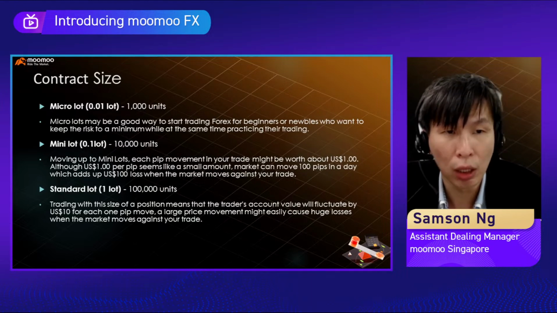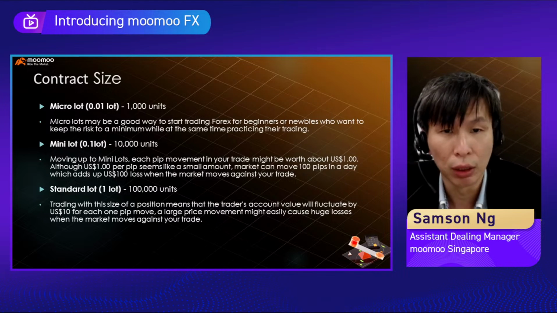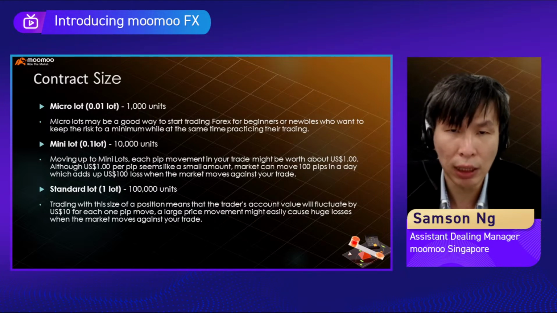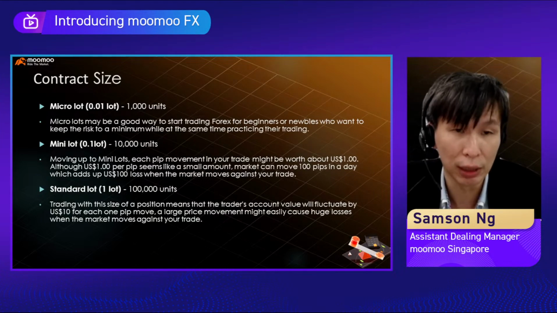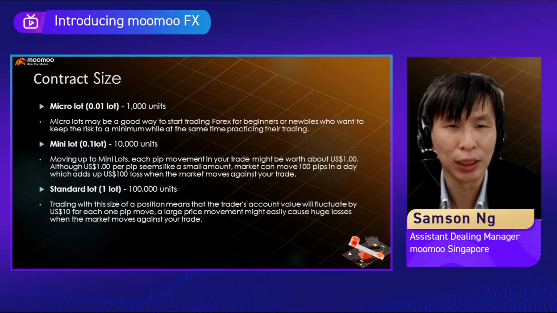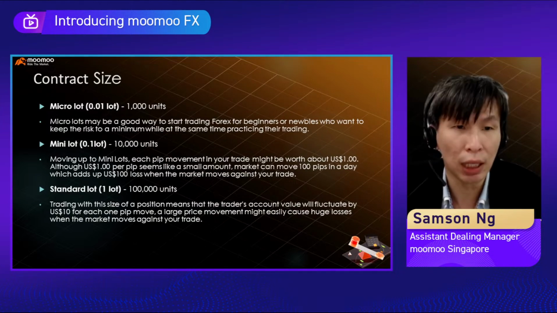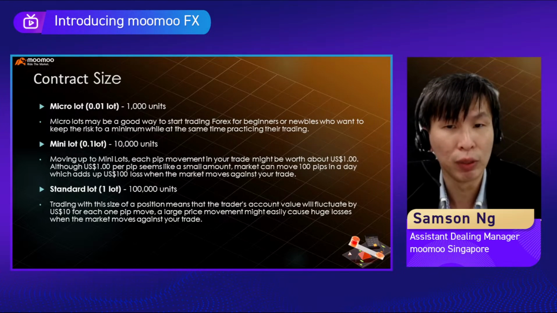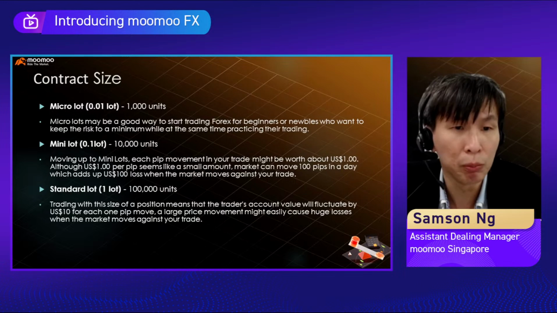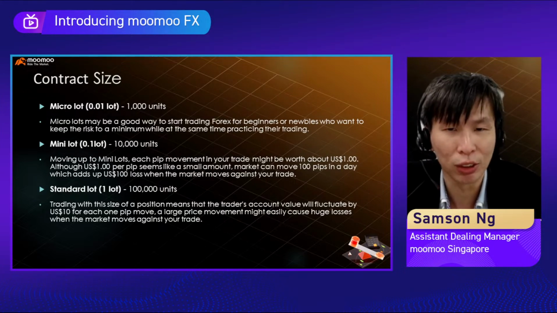That's 0.1 lot, equivalent to 10,000 unit or $10,000 value. Lastly, the standard lot size for FX trading is 1 lot, which is equivalent to 100,000 unit and $100,000 value. Trading with this size means that your account fund might fluctuate by $10 for every 1 pip movement. A large price movement might easily cause large losses while the market moves against your trade.